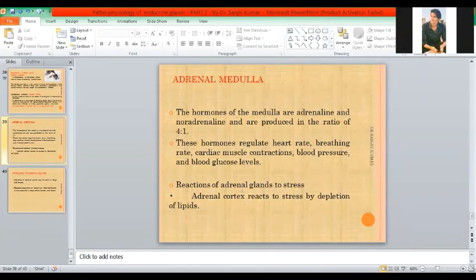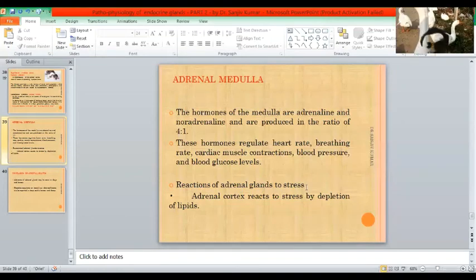There are no special terms related to deficiency or increase in the formation of epinephrine or norepinephrine. But in case of continuous stress, these hormones can lead to depletion of lipids in the body. The body fat reserve will be depleted in case of continuous stress under the effect of adrenaline.